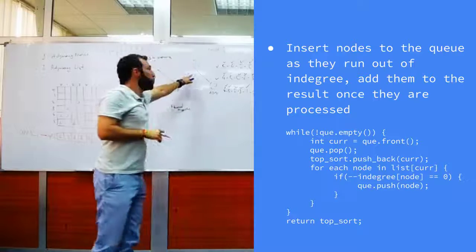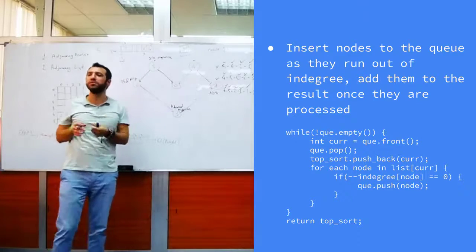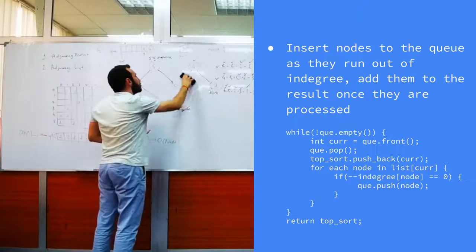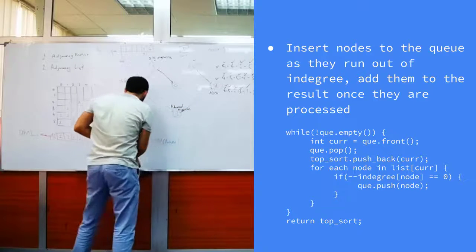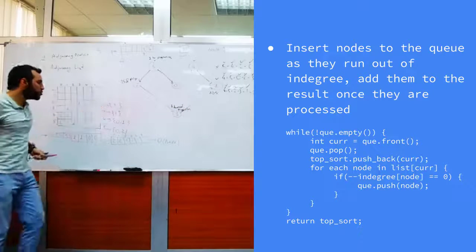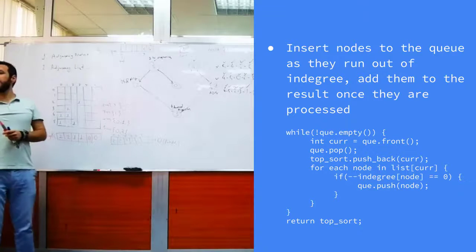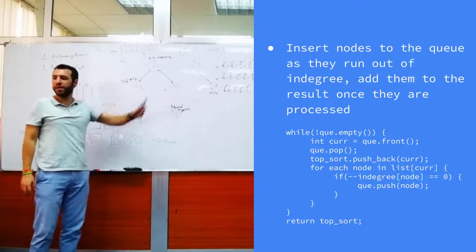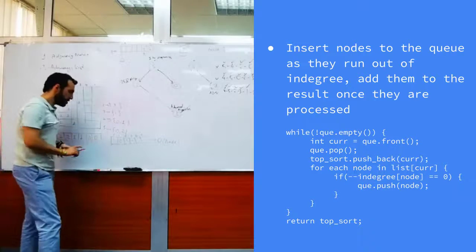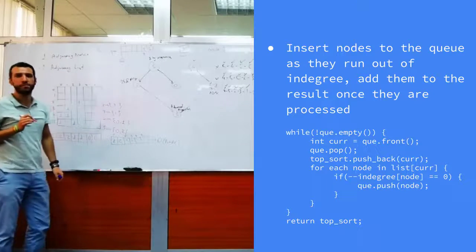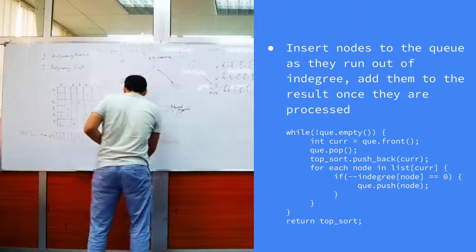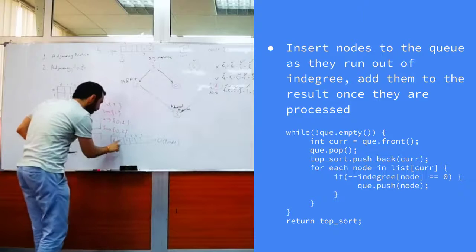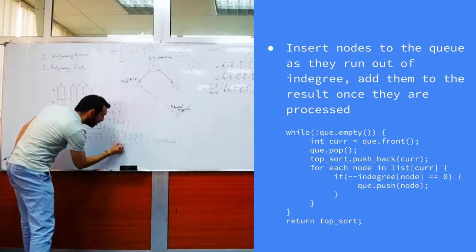Since we processed this node, conceptually we are removing its outgoing dependency edges. What does that mean? If I delete this edge, what am I supposed to do in this indegree array? I have to decrease the incoming edge count of 0 by 1, right? So this is going to be decreased to 1. And I'm going to do the same thing for 1 as well, and 1's incoming edge count is going to be decreased to 1 too.